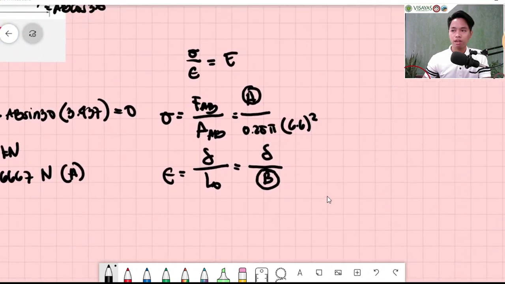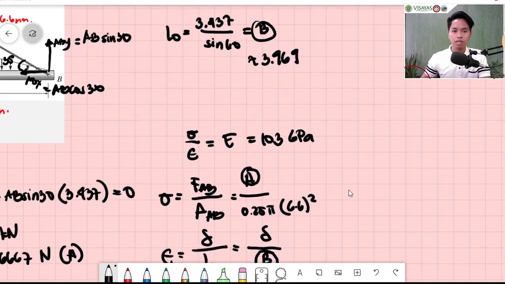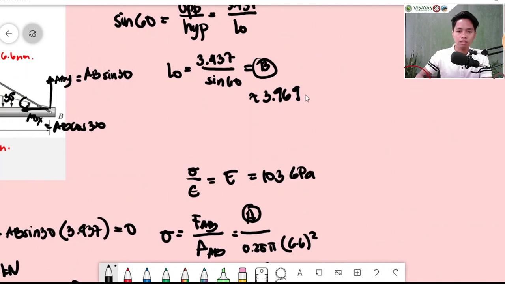We will have a value of E equal to 103 gigapascal. But to make it easier, your B is in meters, so I'll multiply it by 1,000 to make it mm.